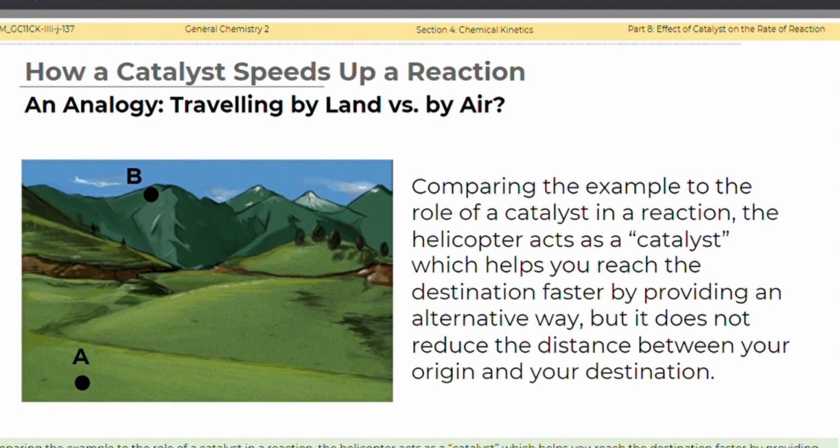Comparing the example to the role of a catalyst in a reaction, the helicopter acts as a catalyst, which helps you reach the destination faster by providing an alternative way, but it does not reduce the distance between your origin and your destination. In the next lesson, we will discuss the different types of catalysts.